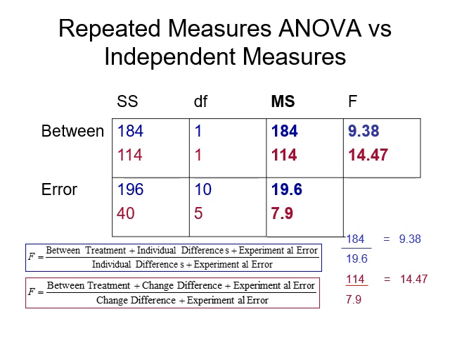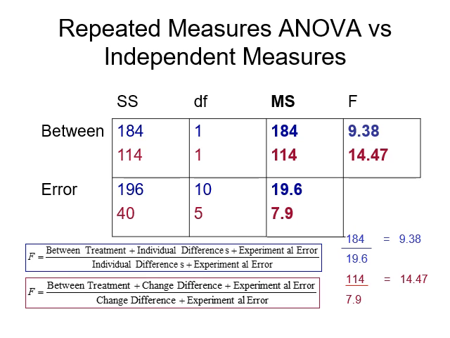What really happens, though, is that though we get a small decrease generally in the number at the top of the equation when we run a repeated measures ANOVA, we get a much smaller number as far as the bottom of the equation because all of that individual difference is no longer there. It's just experimental error and a little bit of change difference. So that's where we see that red line gets much, much smaller.